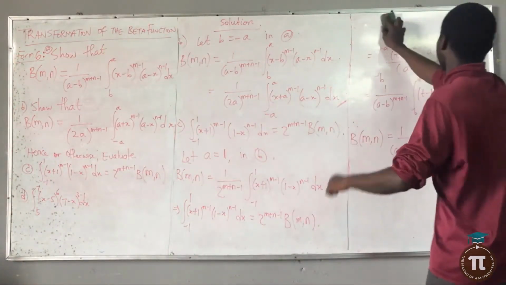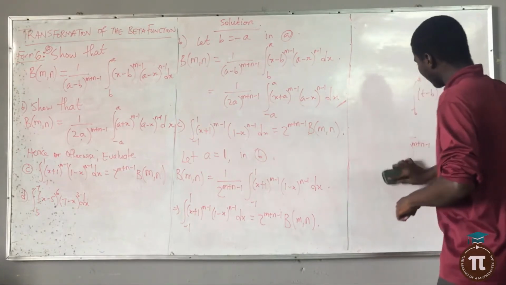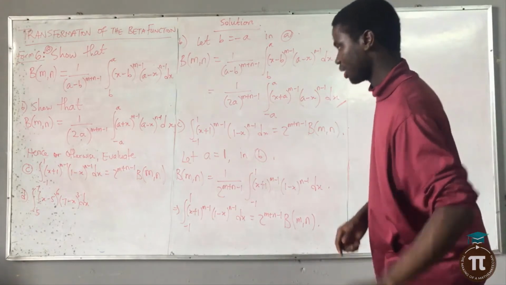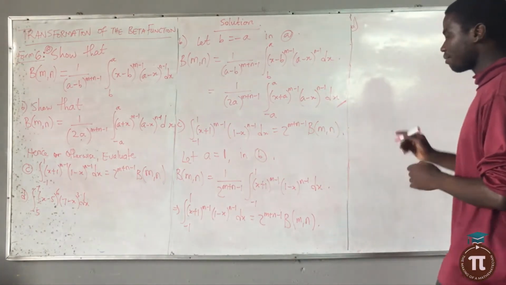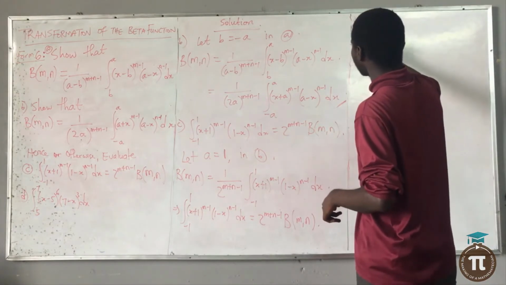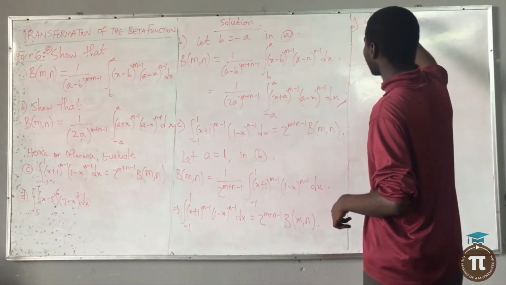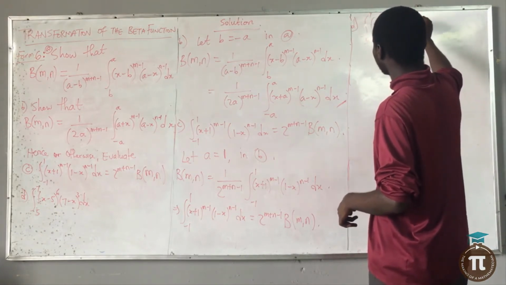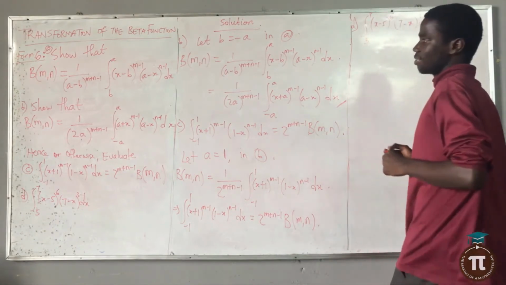Now for D, let's try to compute for D. The last one, and this from 6. For that question, I have the integral from 5 to 7 of (x-5)^6 (7-x)^3 dx.